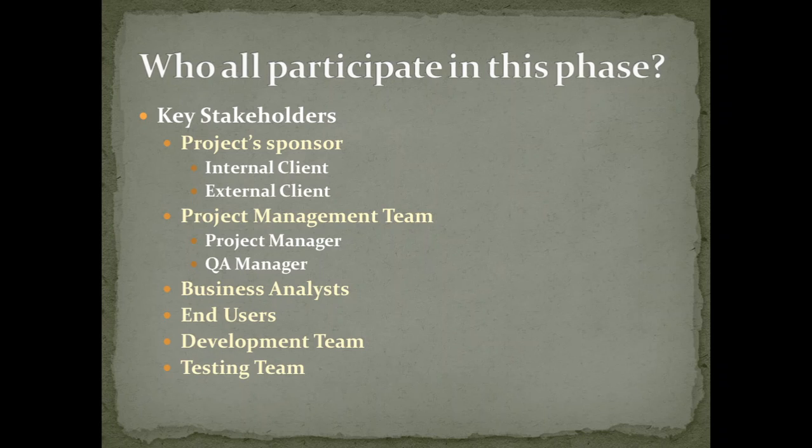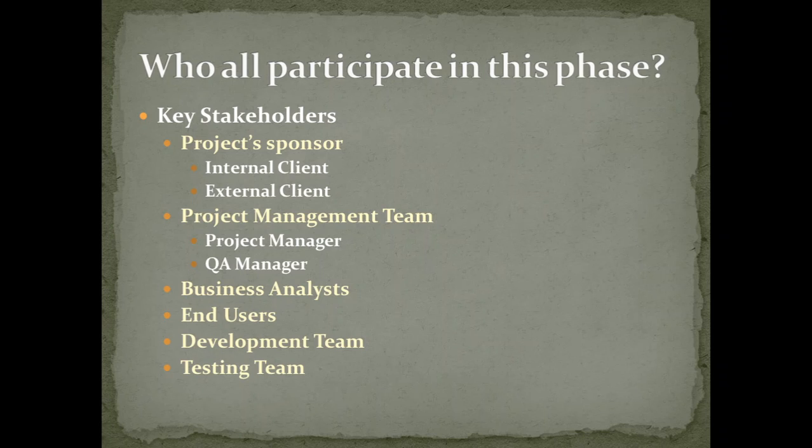Then we have the project management team, the project manager and the QA manager. We have the business analyst who gets into the details of the business expectations, so it could be from both sides. We have end users. It is not always expected that end users explain your requirements, but in my experience I have seen a few projects where the end users themselves come and explain the problem, and they look for the solution.